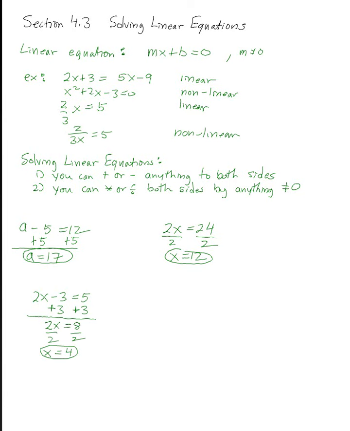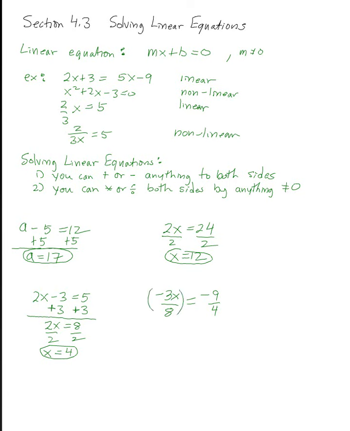All right, the last thing you're going to see here is you are going to see some problems that have some fractions in them. You might have minus 3x over 8 is minus 9/4. Here's my general way of handling equations that have fractions in them. The first thing I do is I look at all my fractions and I find the common denominator. In this equation, the bottoms are 8 and 4. So the common denominator would be an 8.